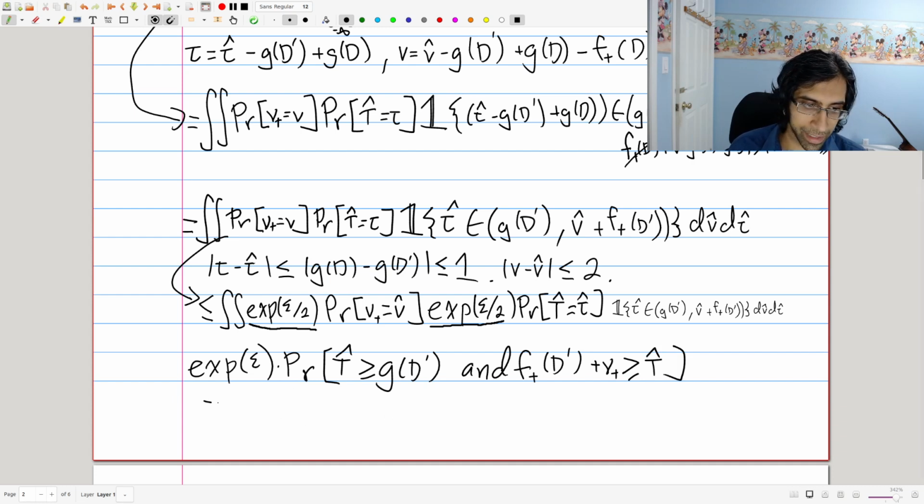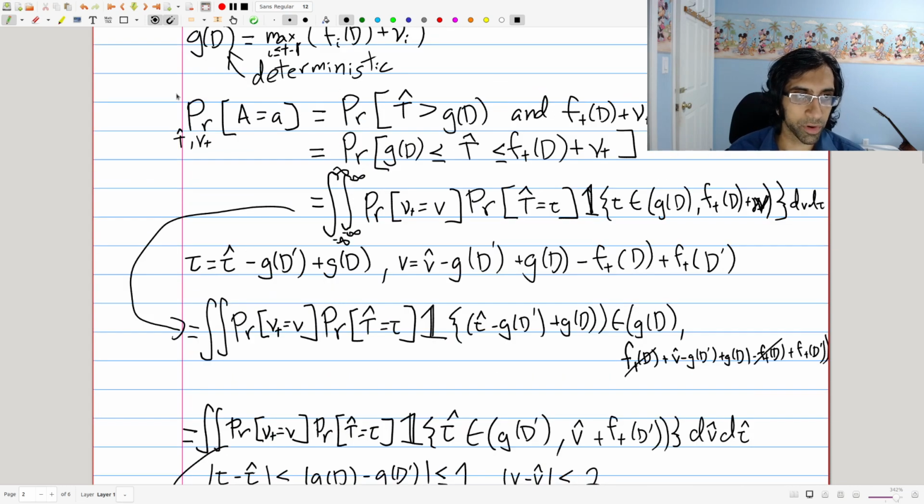And this is exactly equal to e to the epsilon times the probability that A prime is equal to the output A. So essentially we proved exactly what we wanted.